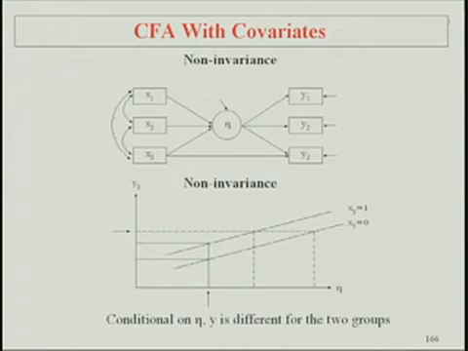On the top, on the right-hand side, you have 3 indicators of a factor called eta. And we're saying then that the correlations among the y's are supposed to be explained by eta. And again, we want to have more than 3, 4 or 5 at least in practice. But now we're going to add 2 features.